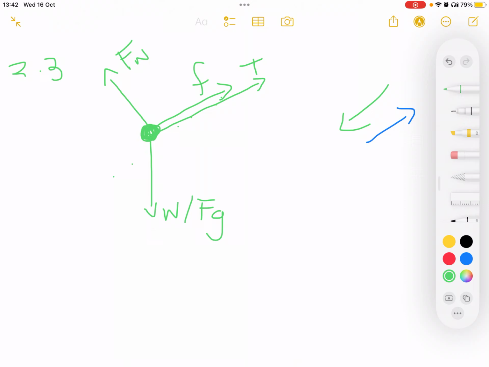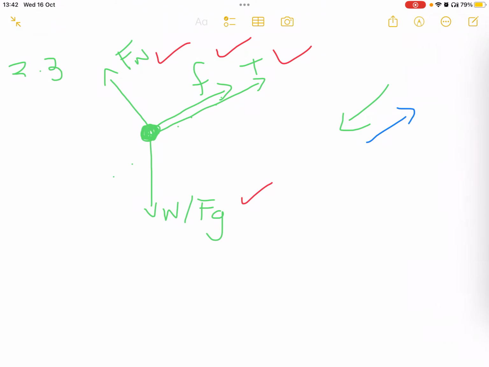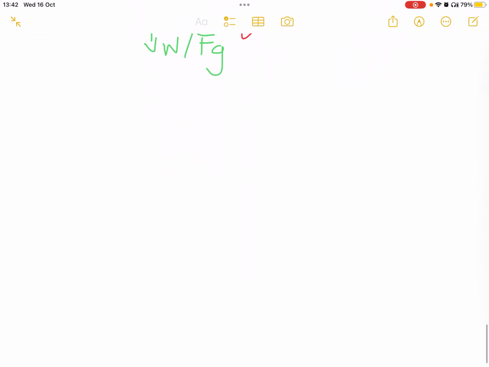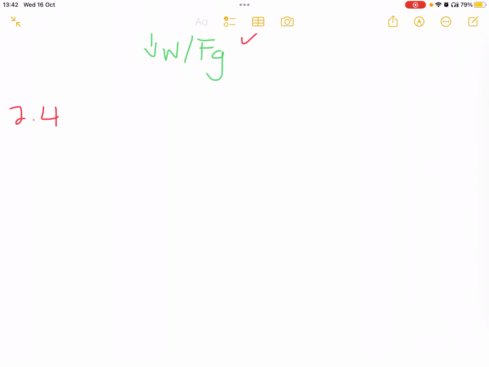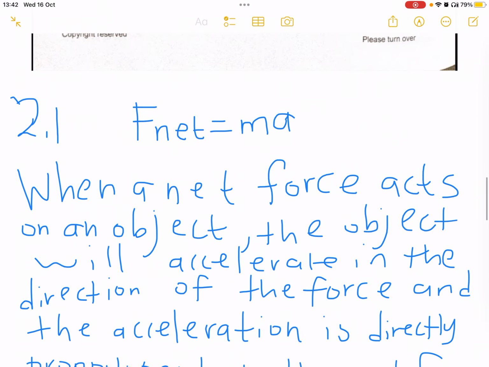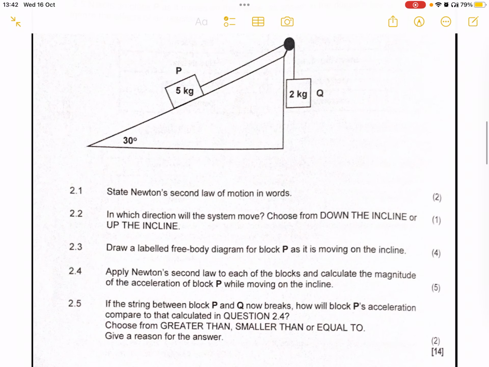And those are one, two, three, 4 marks. Okay. Then in 2.4, the question is asking to apply Newton's second law to each of the blocks and calculate the magnitude of the acceleration of block P while moving on the incline.